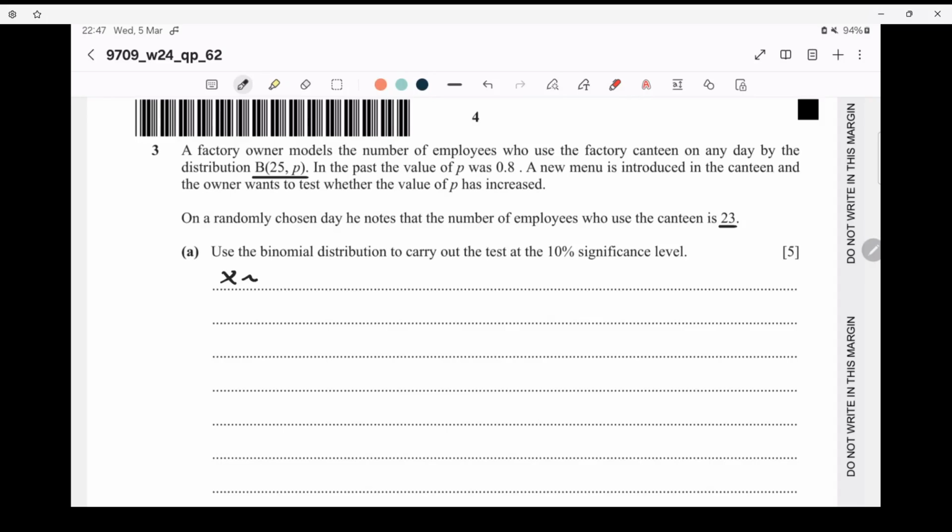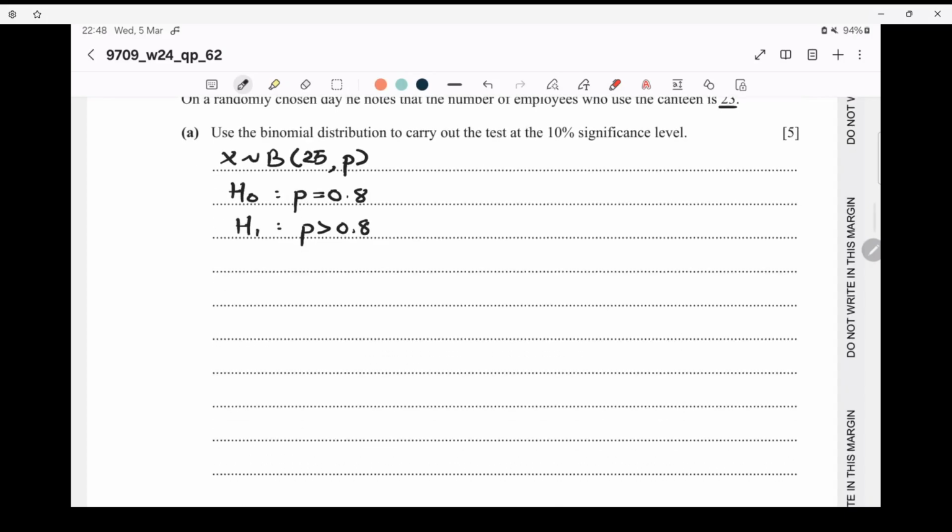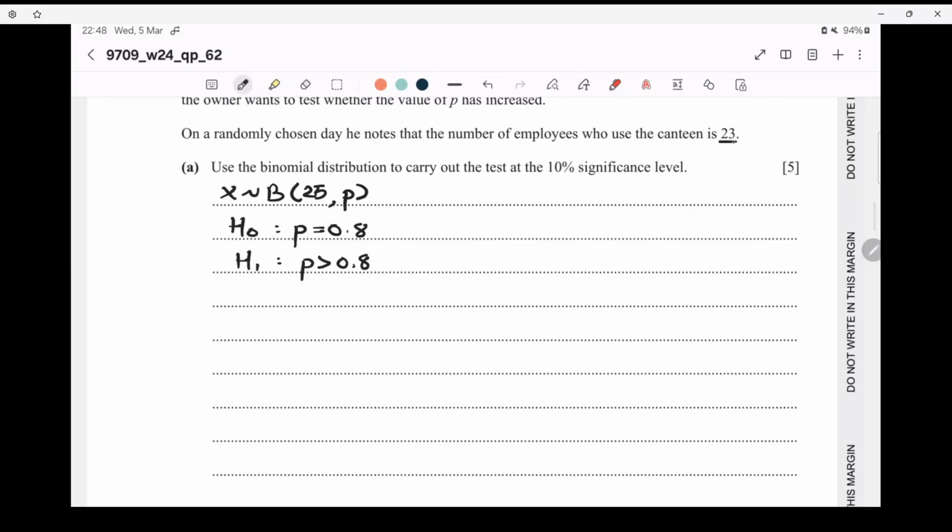So X is binomially distributed. So your null hypothesis will be p = 0.8, and then your alternative hypothesis will be p greater than 0.8, because this is a binomial distribution, and we take note that this is 23.